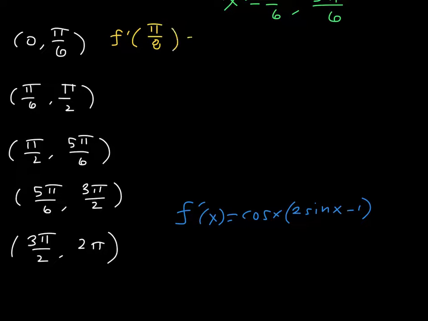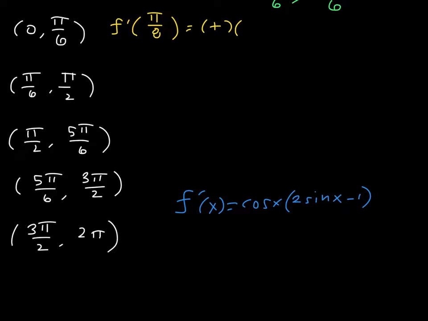Now, cosine of pi over 8 is in quadrant 1, and cosine is positive in quadrant 1, so I already know this first factor will be positive. All I really care about is tracking the sign.